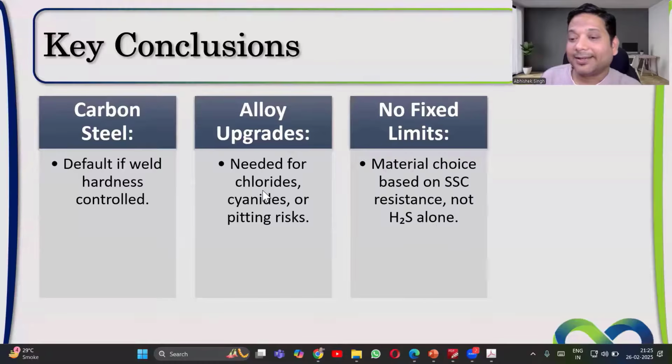So basically, whatever lines we are trying to draw, the decision is based on how that material will behave in the particular environment. And definitely the environment may not be such that only one element is higher.